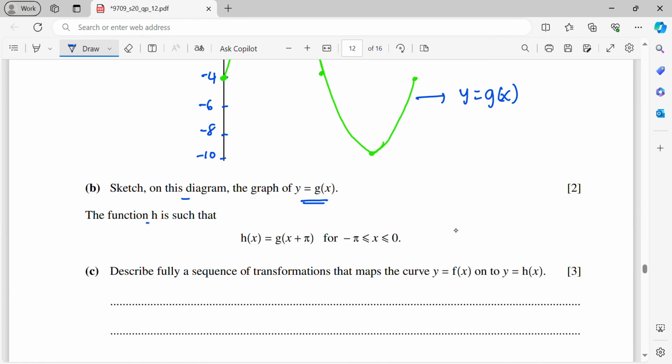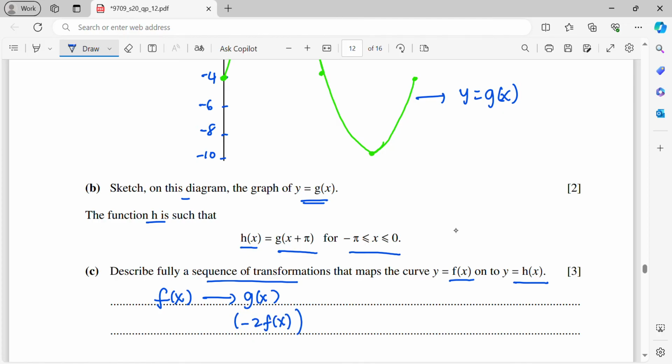Now the function h is such that h(x) is g of x plus pi, where x is between minus pi and 0. Now describe fully a sequence of transformations that maps f(x) onto h(x). So now your f(x) to g(x) is minus 2 f(x).